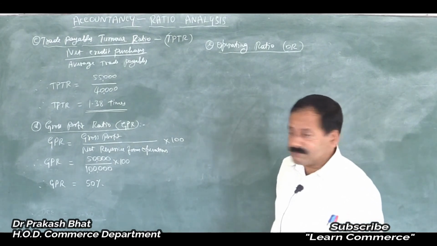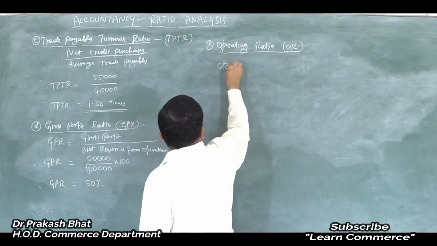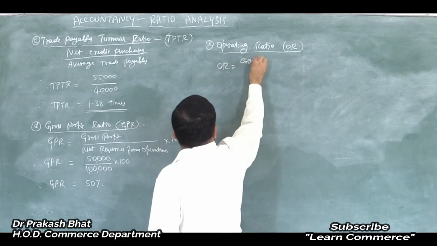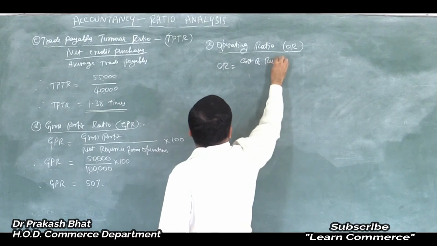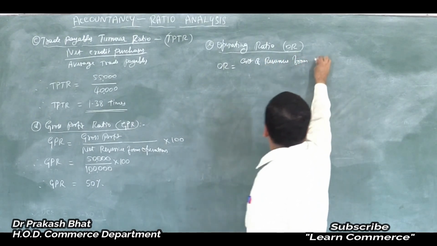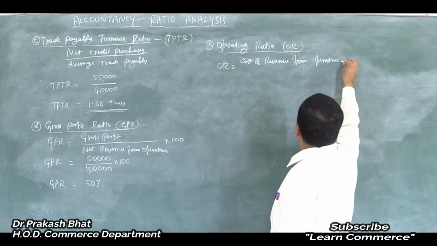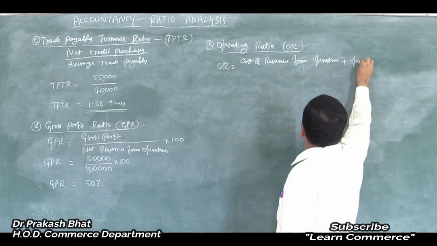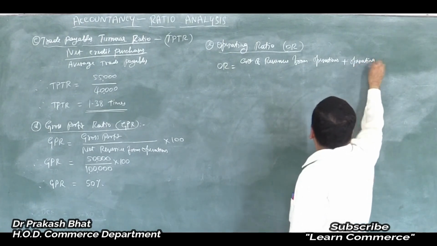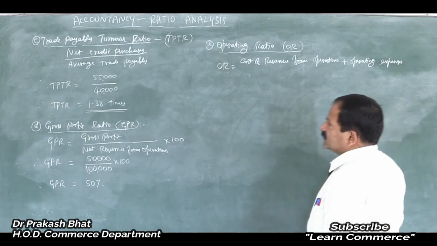Operating expenses. So write the formula. OR is equal to cost of revenue from operations plus operating expenses, divided by revenue from operations. Operating expenses is very simple.